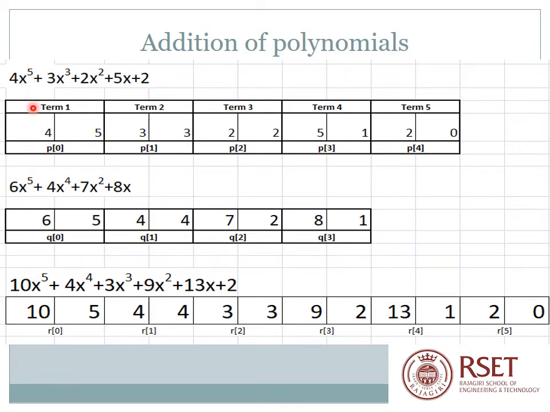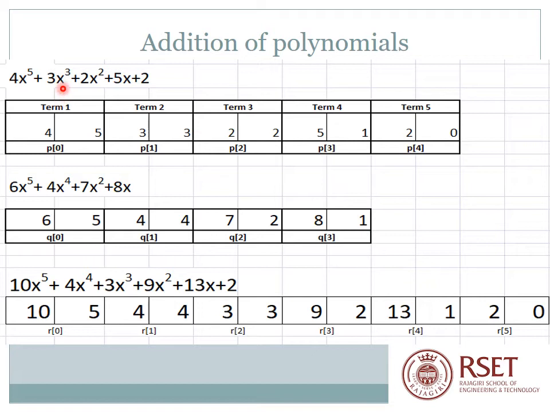Then once you have copied these two terms, you will be making use of a pointer or a variable to traverse this array. You need individual variables to traverse through first array, second array, and the third array. So once you have added these two coefficients, then you have to advance this index variable to the next position so that it points to the second term of the polynomial.